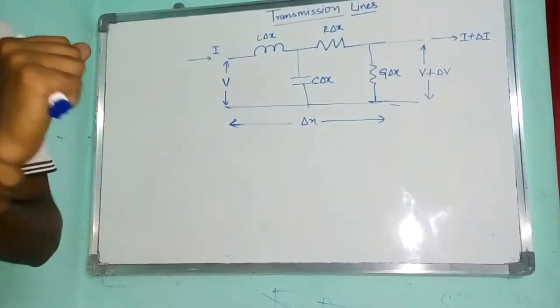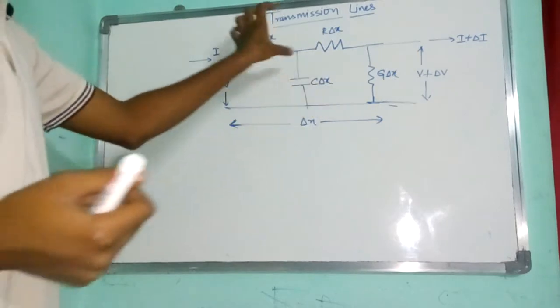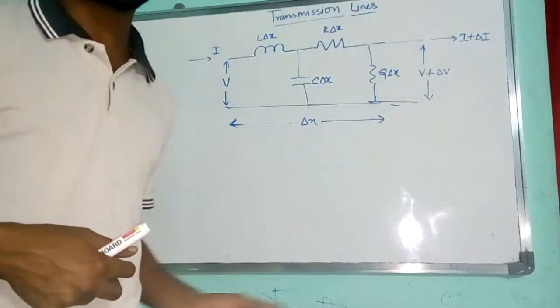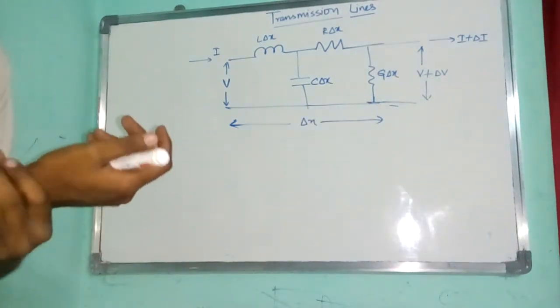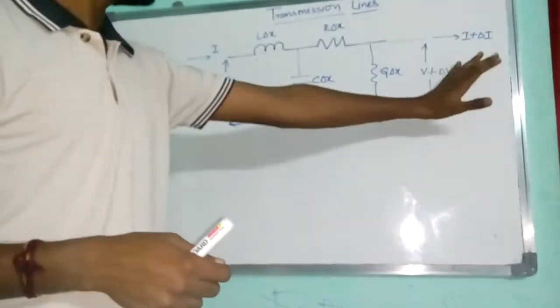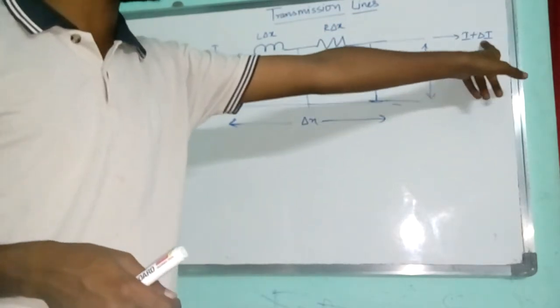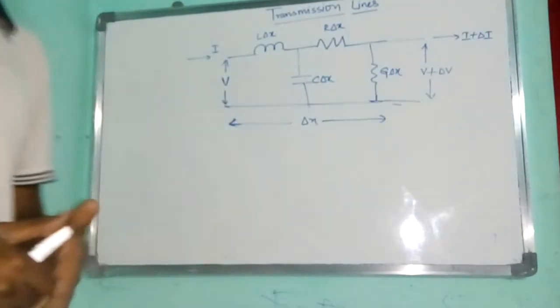There will be some dissipation of the energy due to resistor and conductor. The capacitor and inductor save or store the energy, whereas resistors and conductors dissipate the energy. So there might be some changes in the voltage and currents which we get at the output. Okay, that's why I'm taking the delta I and delta V changes.